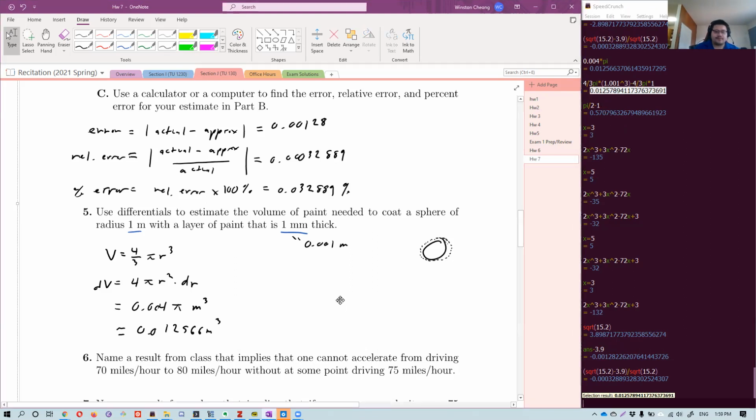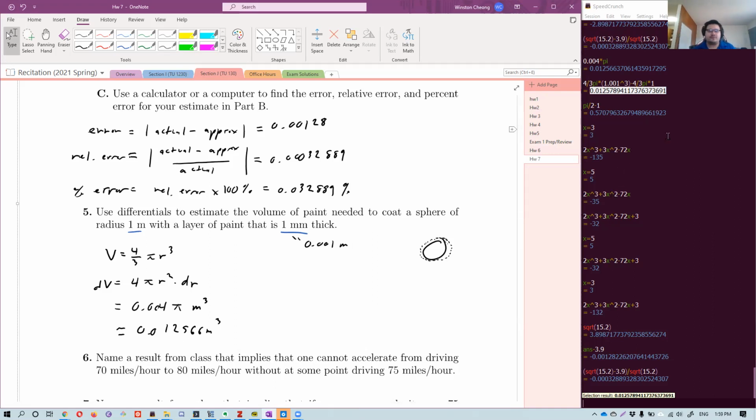And then maybe you're asking me, if we can just plug these into a calculator, why do we bother? Well, suppose you're on a construction job. You don't have a calculator on you. You're not going to be able to cube 1.001.